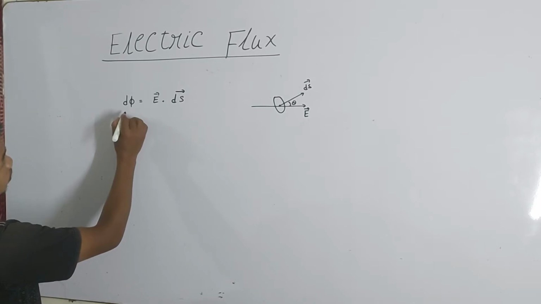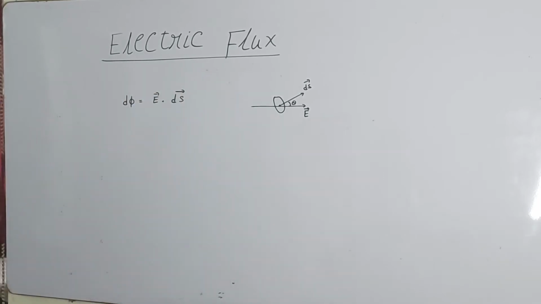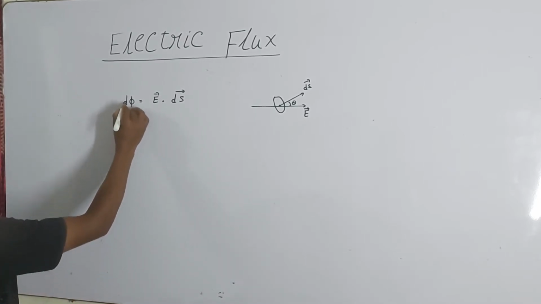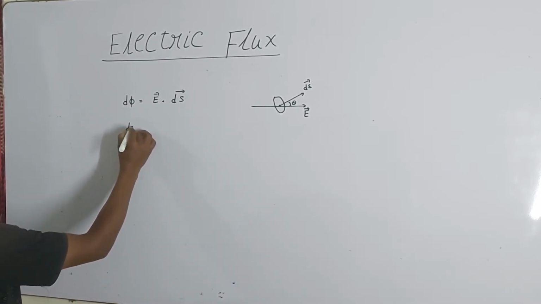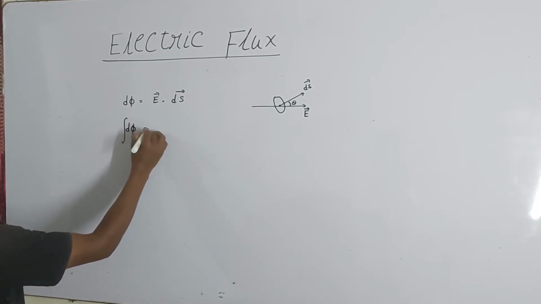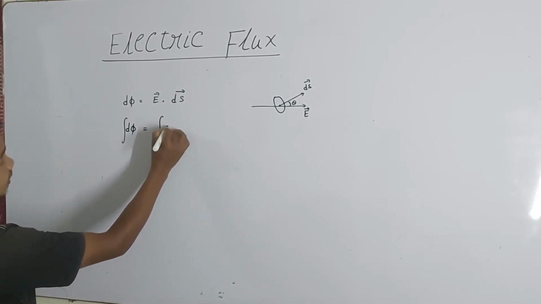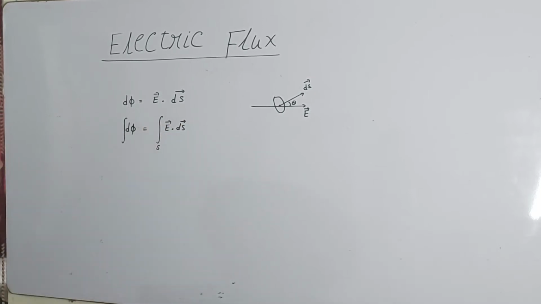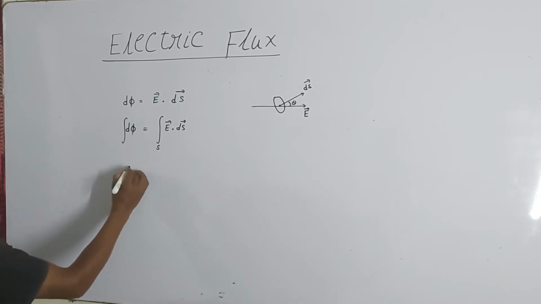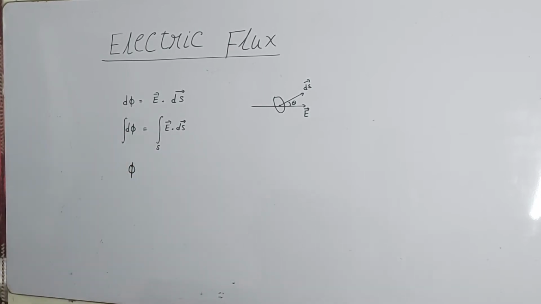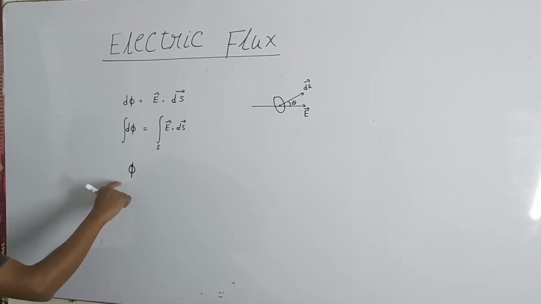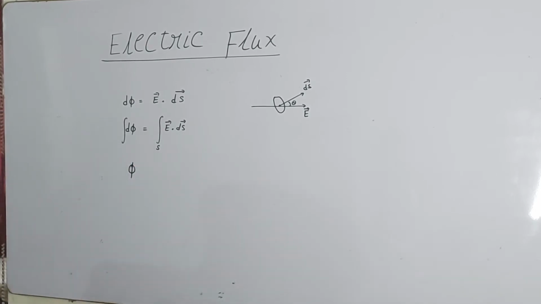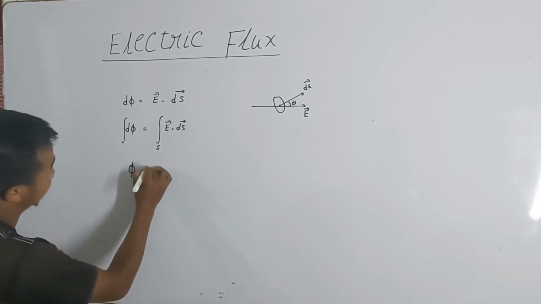So if we integrate d phi, we get phi. This phi represents the total number of electric field lines crossing an area.